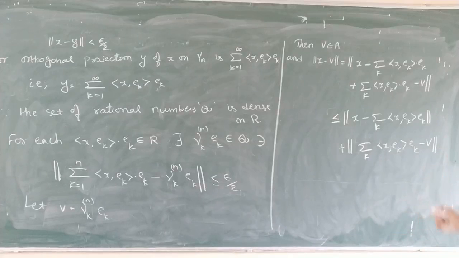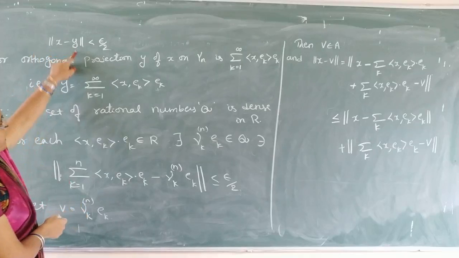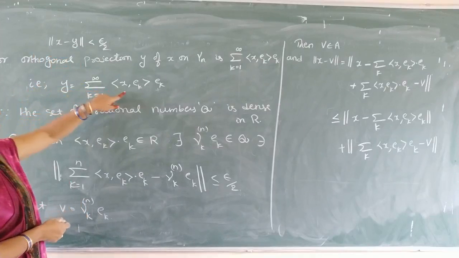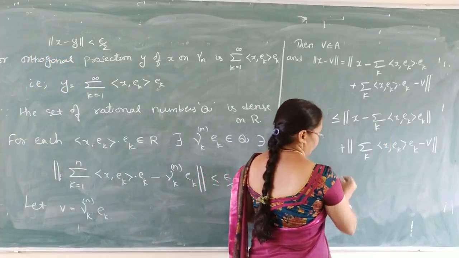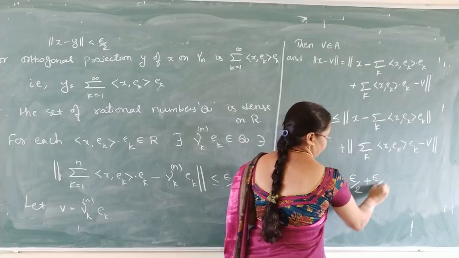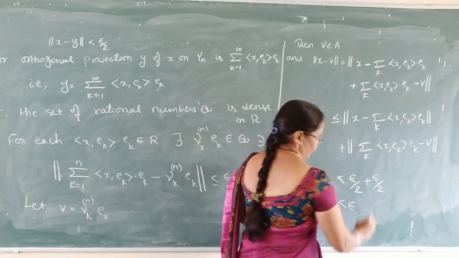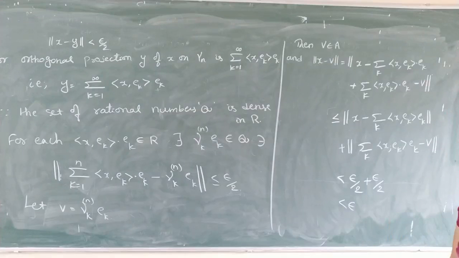Now these values come from the earlier result. x minus y is nothing but x minus the summation over k of inner product, so we get the same thing. This value is less than epsilon by 2, and this one is also less than epsilon by 2. So the total is less than epsilon.